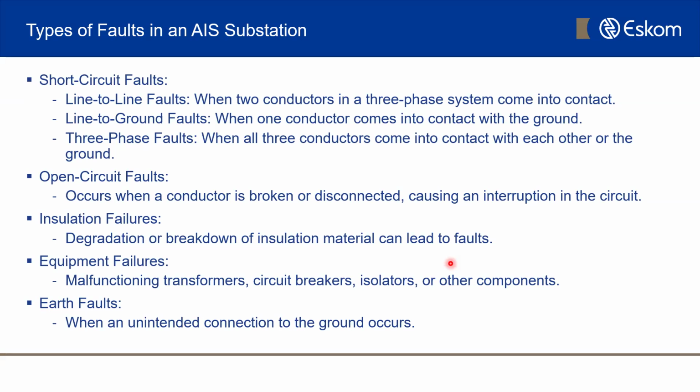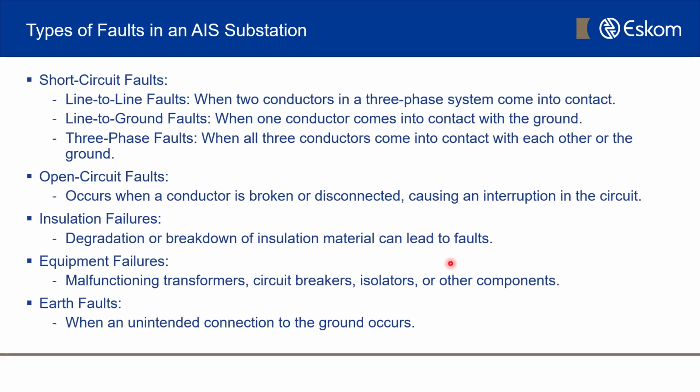Another type is the line to ground fault. This is when a conductor comes into contact with ground, and ground here doesn't necessarily mean the actual ground. In electrical jargon, it means an item that is earthed and isolated from being a conductor. When a conductor then touches this ground, it creates a fault as well.